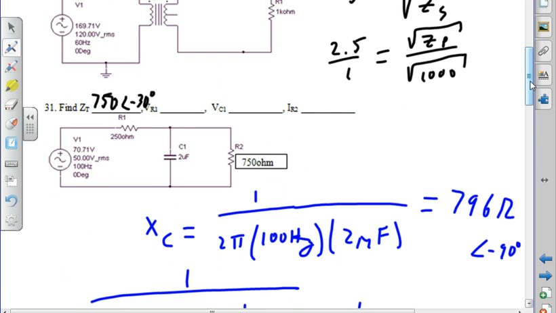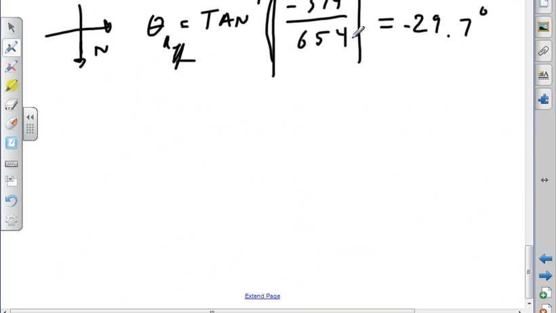Okay, now we want the voltage across the resistor. So now we're going to calculate current total, voltage divided by the impedance total.